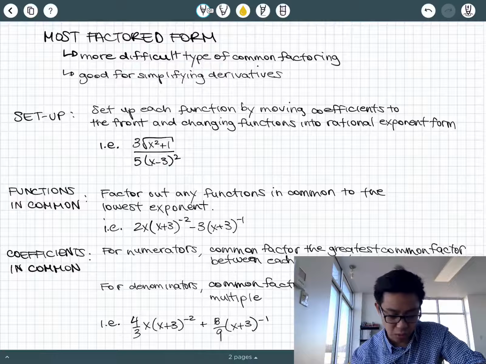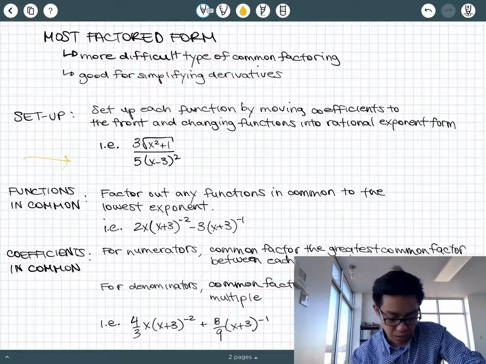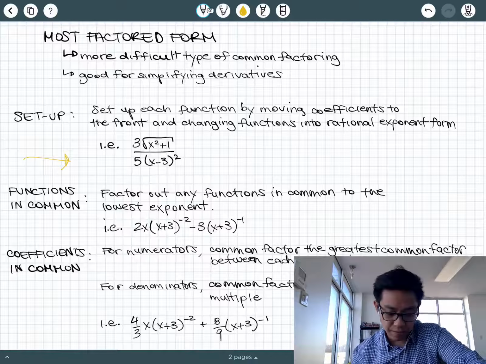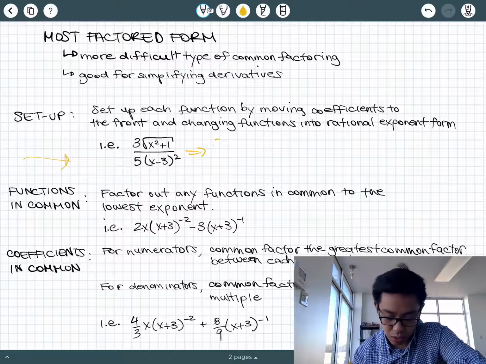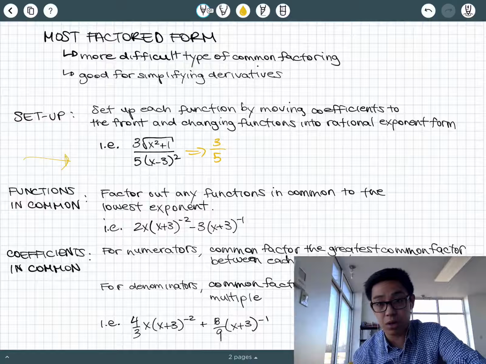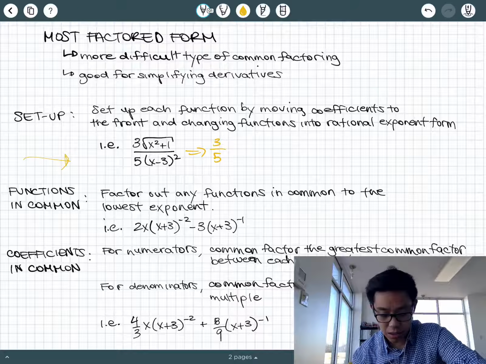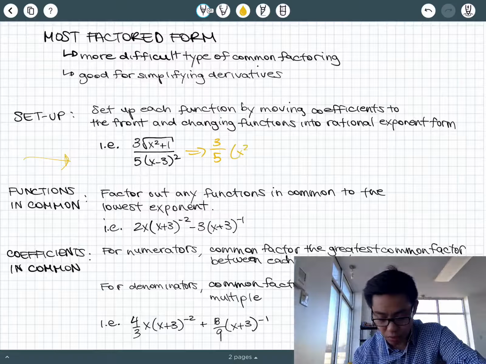So for example, on this first one where I say set up, right here, I have this expression. You want to move the coefficients out front, and then the functions to the middle using rational exponent form. So instead of the square root of x squared plus 1, write it as x squared plus 1 to the 1/2.